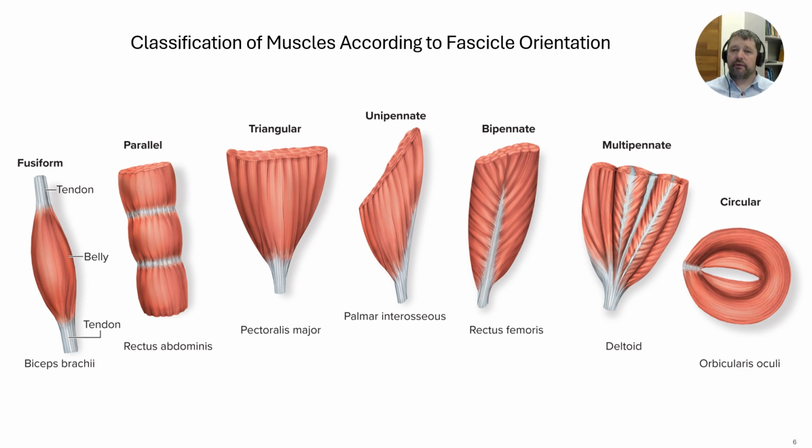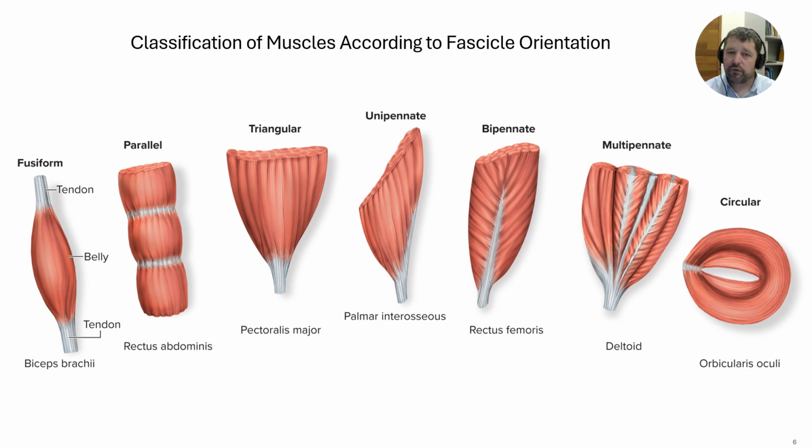Now, when we're talking about muscles in general and the naming of muscles, a lot of times the name of the muscle is also associated with what the muscle looks like. What's the actual shape of the muscle? Is it fusiform, or what some people like to call football shaped? So it's pointed at each end, but it's got a belly in the middle. Is it parallel?